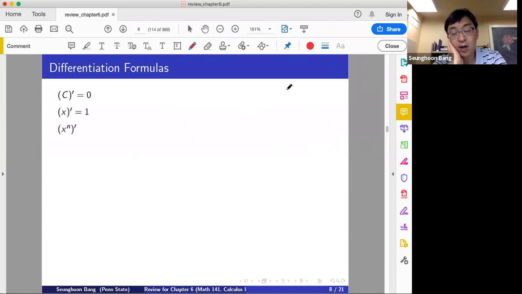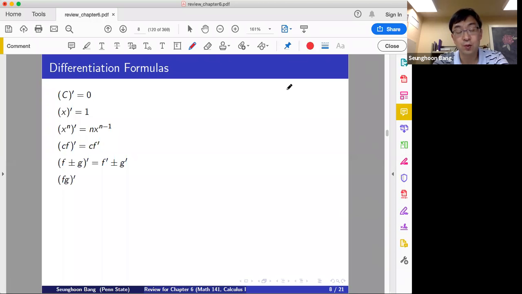What is x to the n prime? You can just use the power rule: n times x to the n minus 1. Or c times function prime: you can take out the constant c, so c times f prime. For f plus or minus g prime, you can distribute the prime: f prime plus or minus g prime.